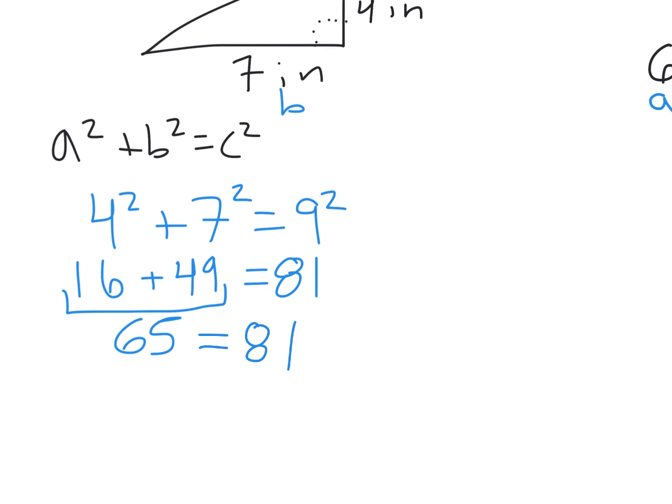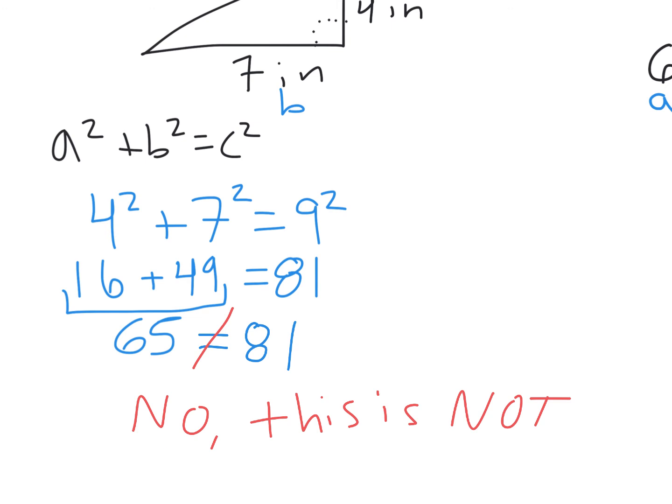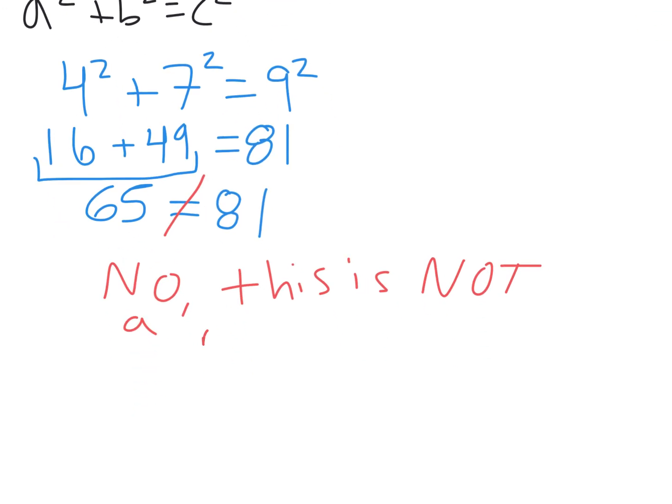Well, wait a second. That's not true. So a squared plus b squared does not equal c squared in this case, which means no, this is not a right triangle.